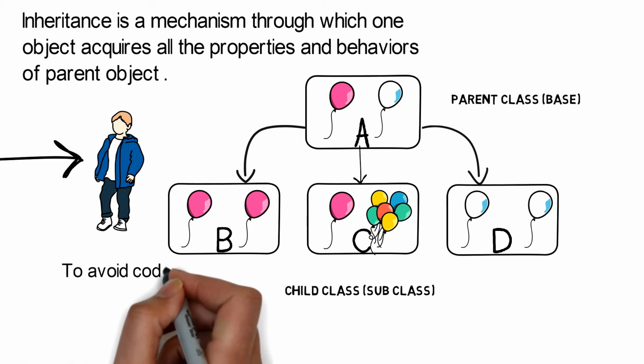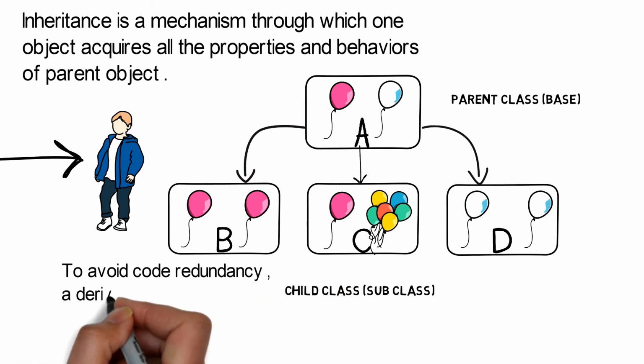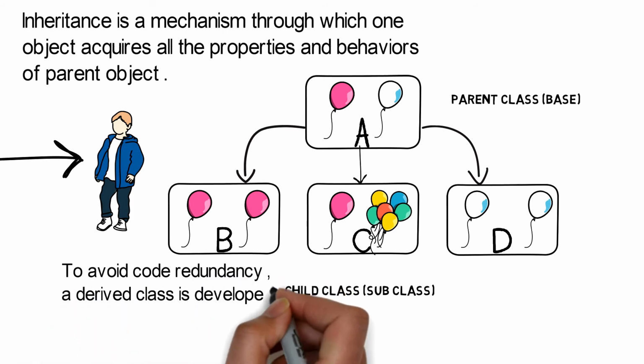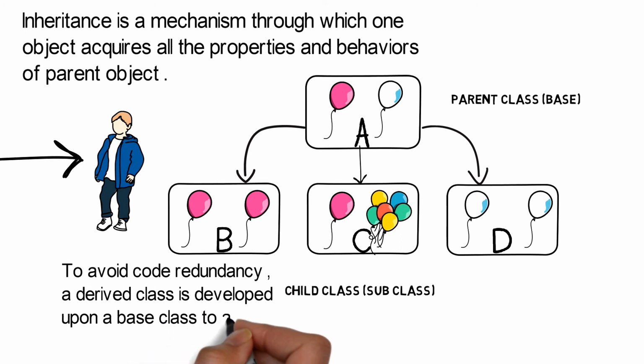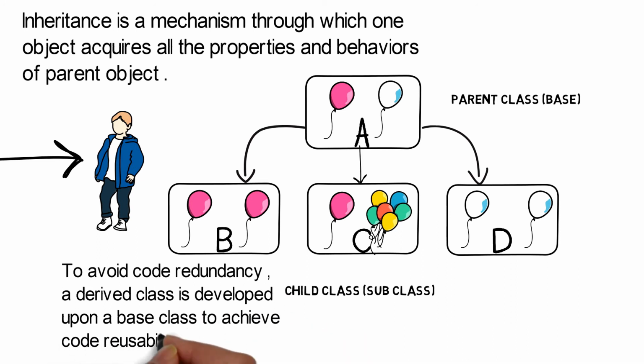So what's the need of inheritance? To avoid code redundancy, a desired class is developed upon a base class to achieve code reusability. Because of this reason, inheritance plays an important role. So in brief, this is what inheritance is in programming.